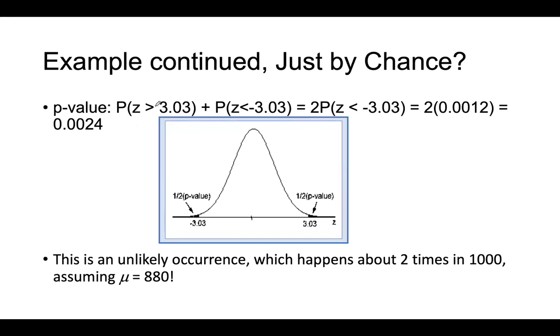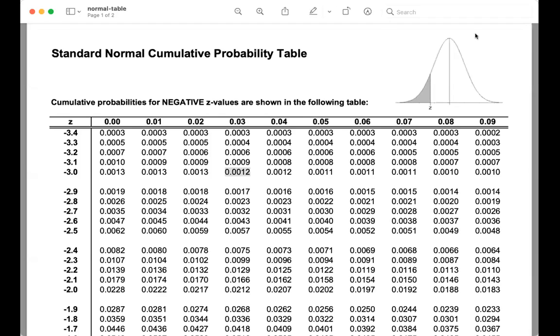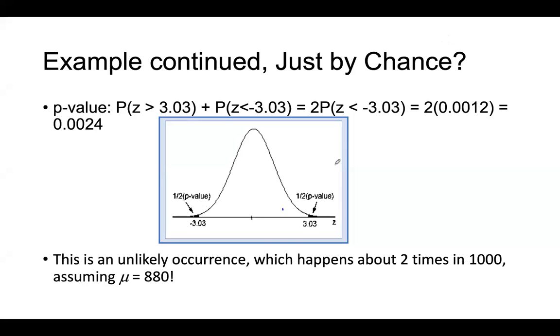So our p-value, let's compute this. Well, this is our p-value when our Z is greater than 3.03 and less than negative 3.03, because it's a two-tailed test. So we can just look these up in the table. We look up negative 3.03, which is right here in the table, and we get our values right here.